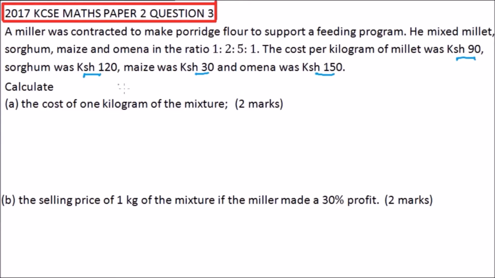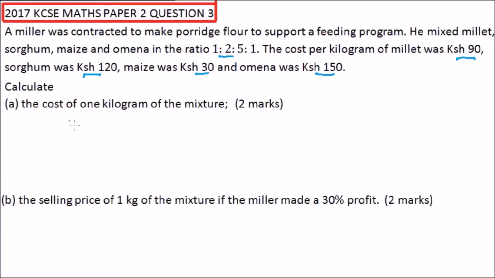Calculate the cost of 1 kg of the mixture. So here you are required to find how much the miller used to prepare 1 kg of the mixture of 1, 2, 5 and 1.